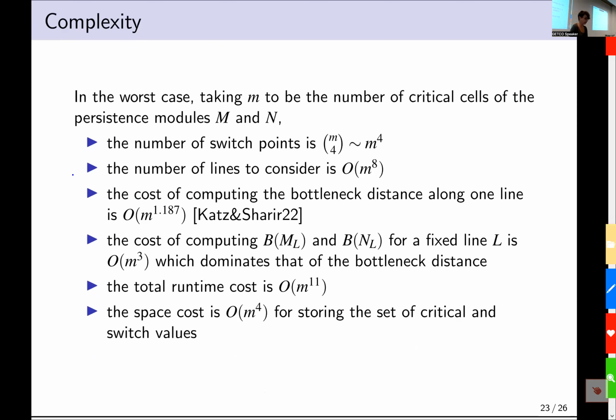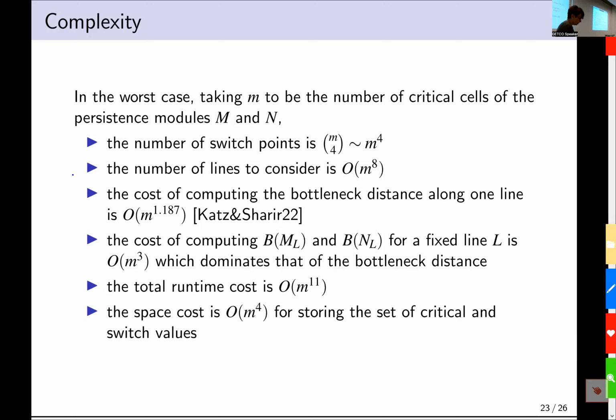And then one needs to consider all the possible lines through two of these points. And this gives maybe as bad as m to the 8 lines to consider, where m is the number of critical values of the persistence modules. And now one can compute the bottleneck distance along each line of this.